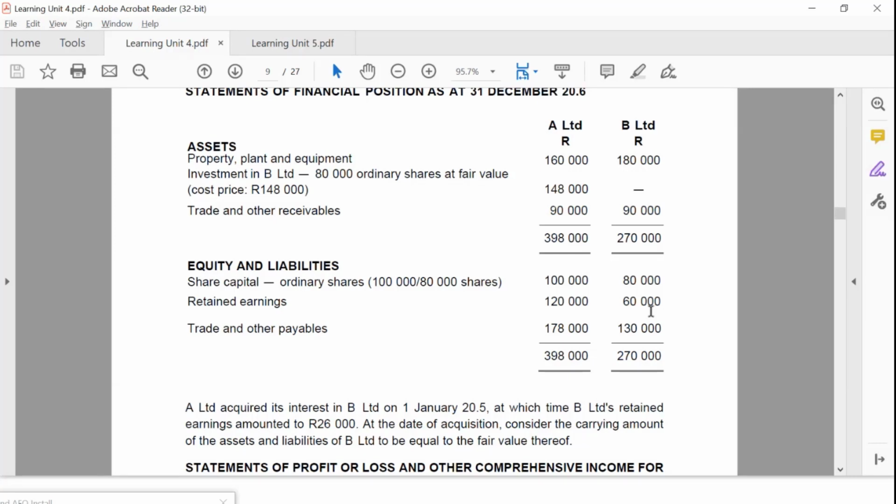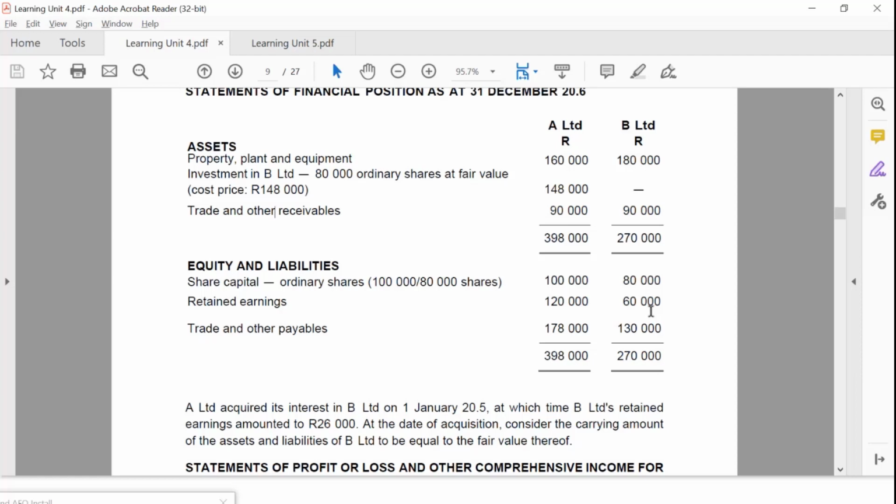It's 34,000 worth of income that you have earned over the 2 years. So the 60,000 retained earnings in the financial statement less the 26,000 at acquisition, the difference of 34,000, is how much income has been earned since A acquired B. Does that make sense? Good.